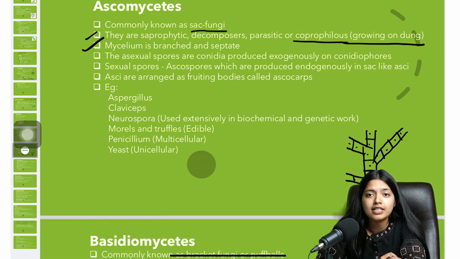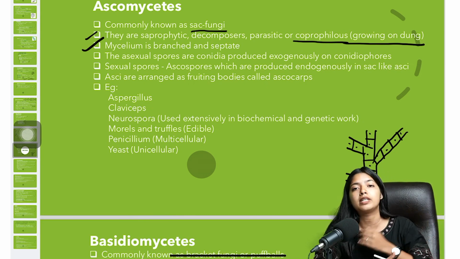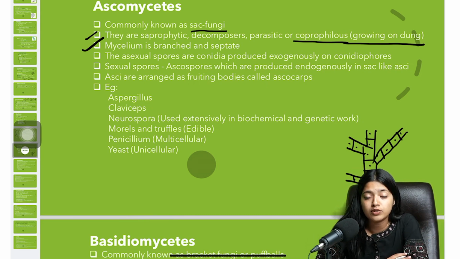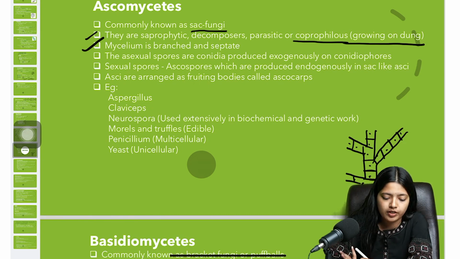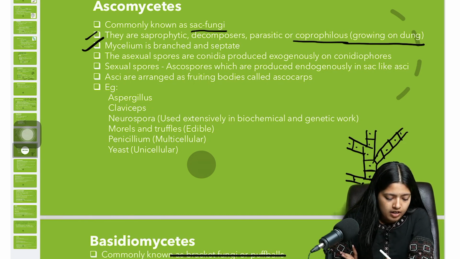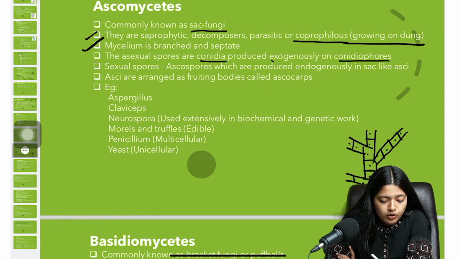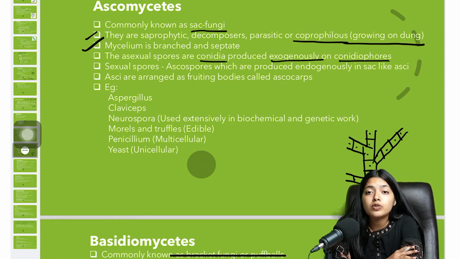So conidia is the spore. Once again, the asexual spore of ascomycetes is known as conidia, formed at the tip of hyphae on a conidiophore. Here the conidia are produced exogenously.